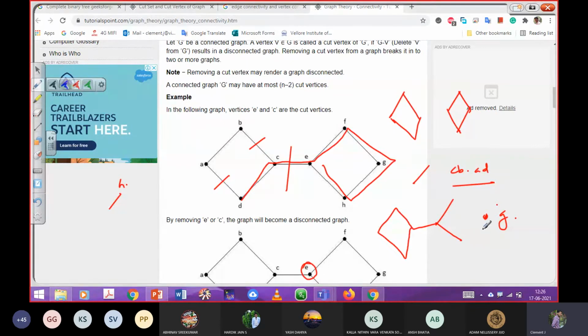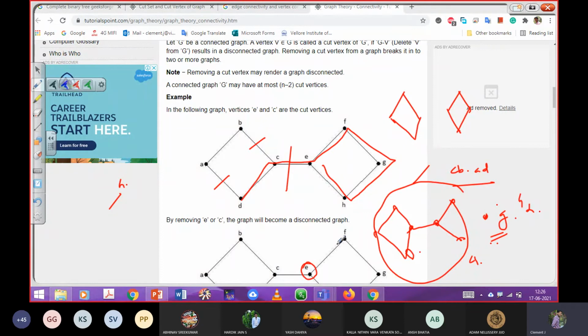Can you get the point of what I'm saying? Yes, sir. Okay, if you remove the FG and GH edges, you will get one component as a null vertex, that is G, and the remaining can be put in component G1. That is also possible, not a problem. So that's what I have told you already: here you can find multiple cut sets.